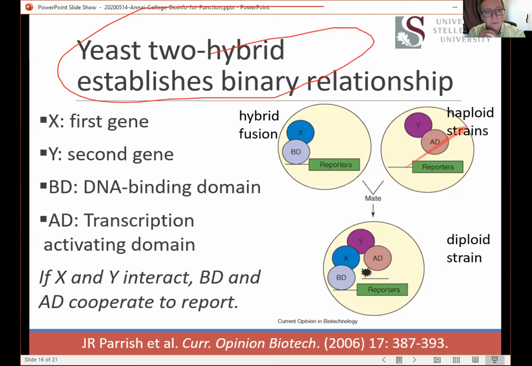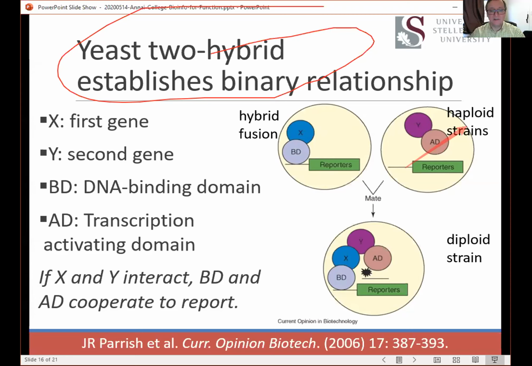So here we see that we are creating a hybrid fusion. We have the X gene being linked with the DNA binding domain, here marked BD, and we have an AD, a transcription activating domain, that's getting associated with gene Y. So if gene X and gene Y form a heterodimer in the cell, if they come to form a strong interaction between them, that also means that the BD and the AD are brought together.